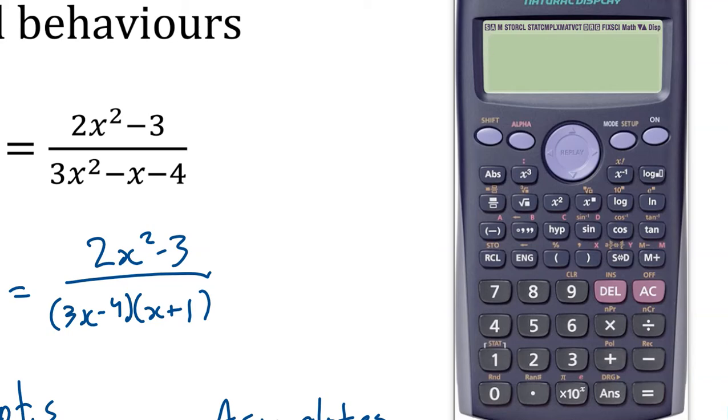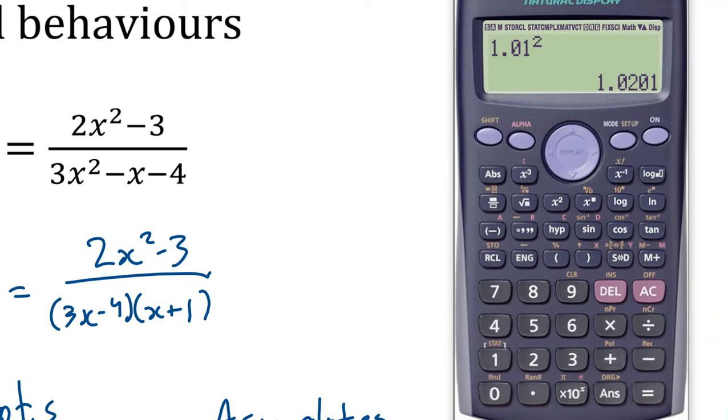Not a lot bigger than 1, right? 1.01 squared is about 1.02, so it's very close to 1. When I multiply that by 2, I'm going to get a number very close to 2, and when I subtract 3, it's going to be negative. So the top will be negative.